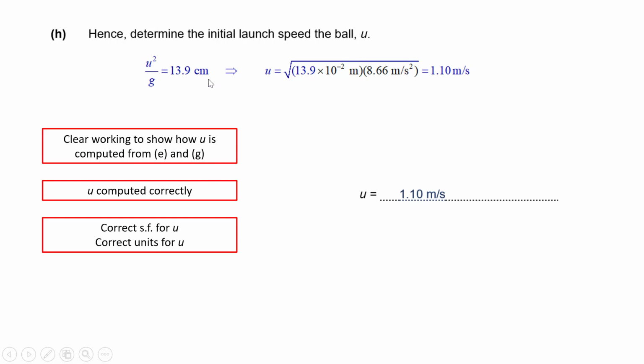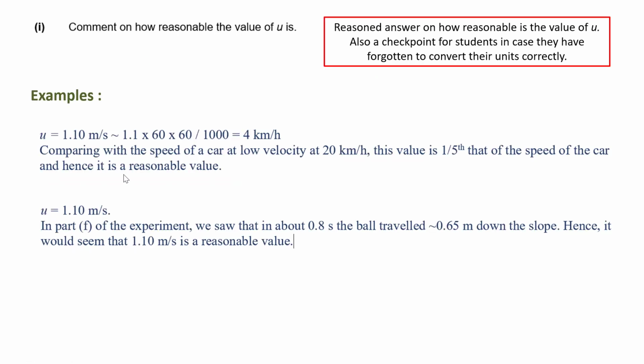And since this is in cm and g is in meters per second squared, you would need to convert your value of 13.9 cm into meters, and then that will give you a value around this value. So clear working to show how u is computed from the earlier parts, u computed correctly, correct SF for u, and correct units for u.